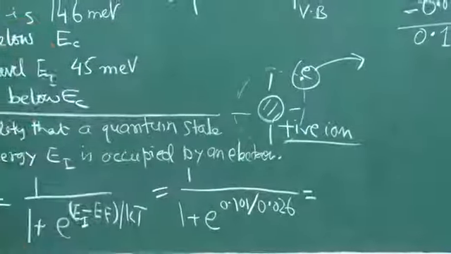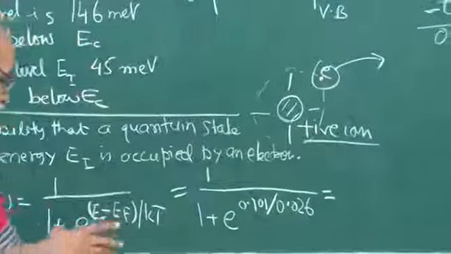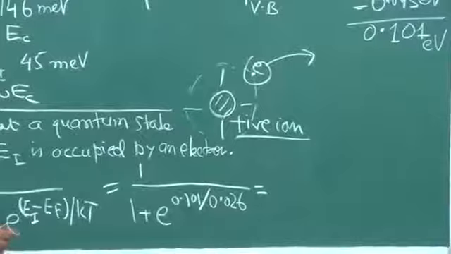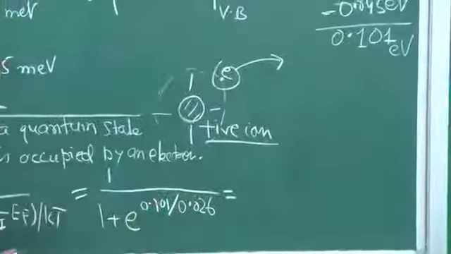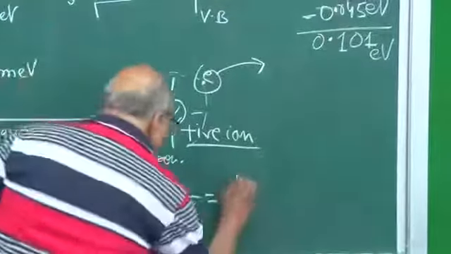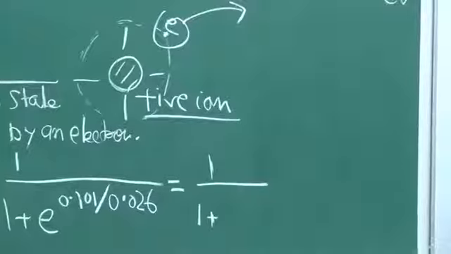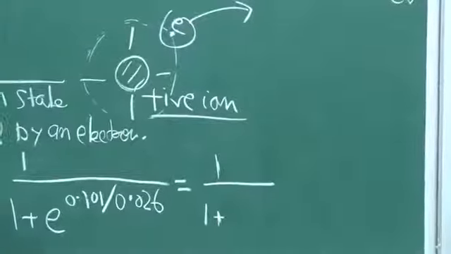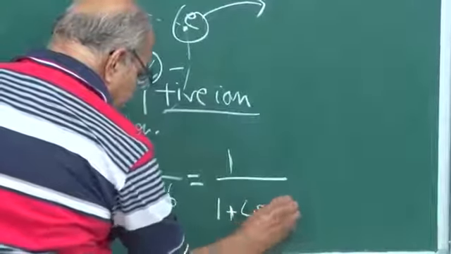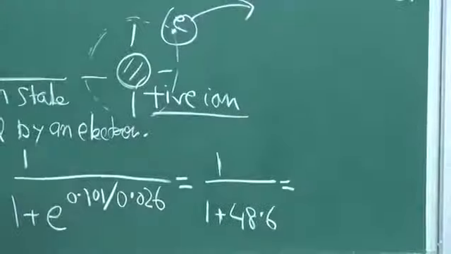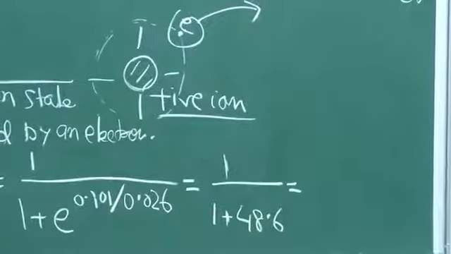So let us work out how much this is. e to the power of this much gives 48.6. So it is 1 divided by 1 plus 48.6, which is 1 divided by 49.6, almost 0.02.